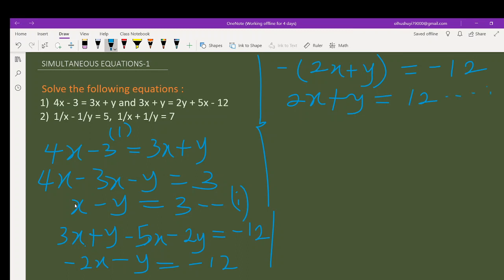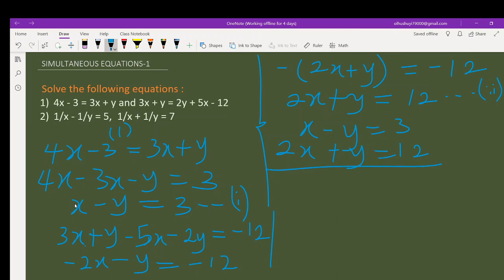This gives us equation 2. So we solve equation 1 and equation 2 simultaneously. We have x minus y is equal to 3, then 2x plus y is equal to 12.